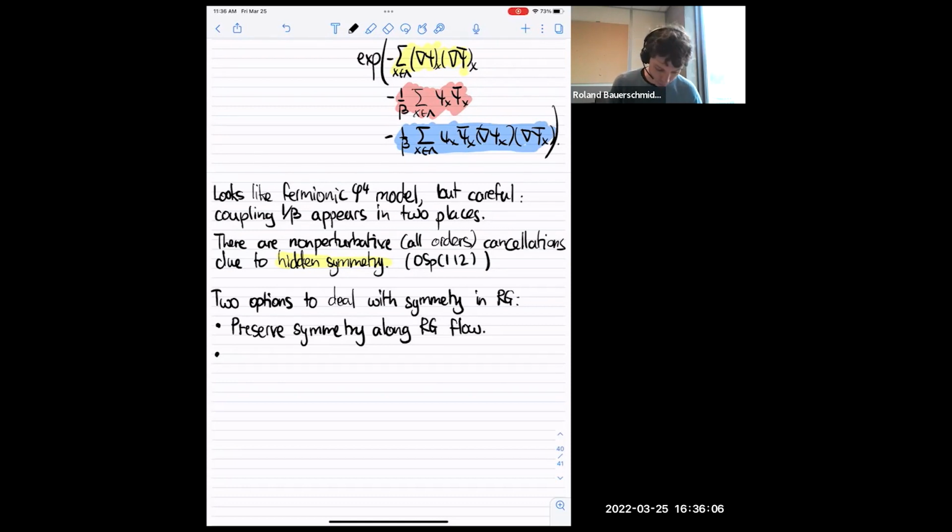And well, there's a second way one can handle this, which is, well, not to preserve the symmetry along the flow, but to enforce non-perturbative cancellations, which are due to the symmetry, using Ward identities.